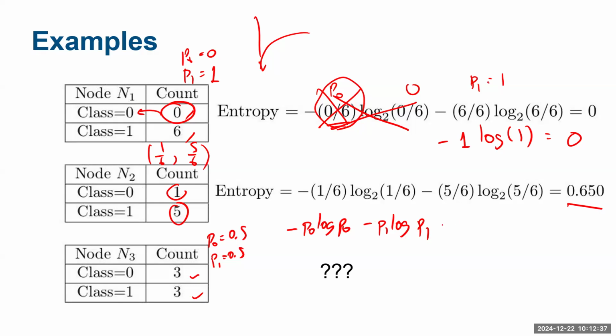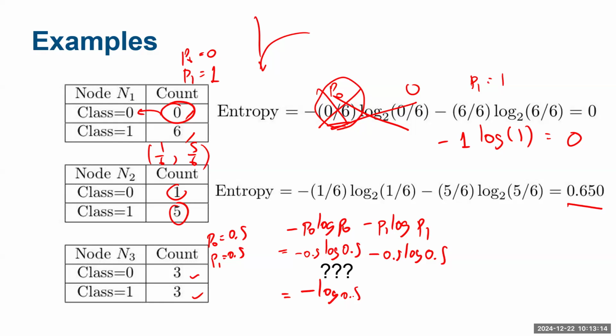So if I substitute the values, I get minus 0.5 log 0.5, minus 0.5 log 0.5. So what do I get? I have 0.5 here and 0.5 here, so combine them, I get just 1 times minus log 0.5.